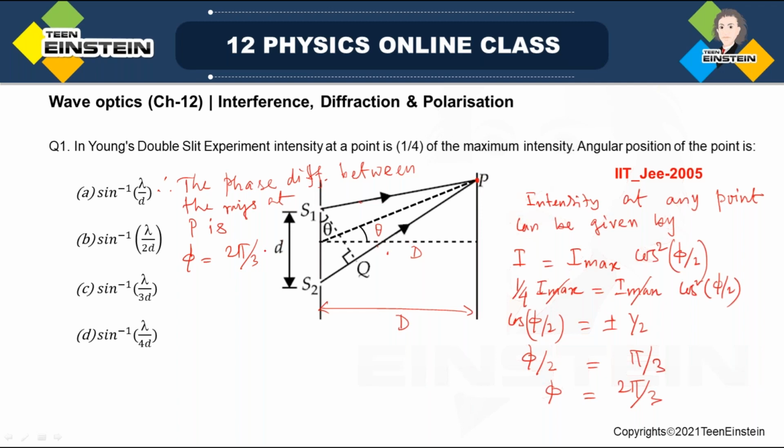Now see, for interference, let us first find out what is the path difference. The phase difference delta phi is given by 2 pi by lambda into path difference, that is delta x.